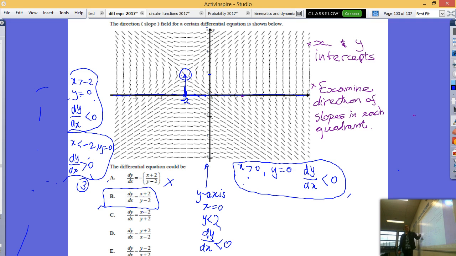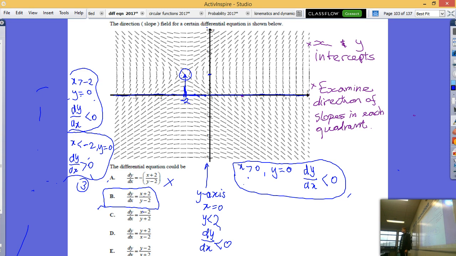Okay? So if you go down the list and one fails one of these axes conditions that we've identified, then you know, no good, move on to the next. Okay? Until you're confident with a minimum of 2, it's probably best to be safe, try 3, okay? Try and pick out 3 conditions by looking at the axes. If you can tick the box for 3 of them, then put a circle around it.